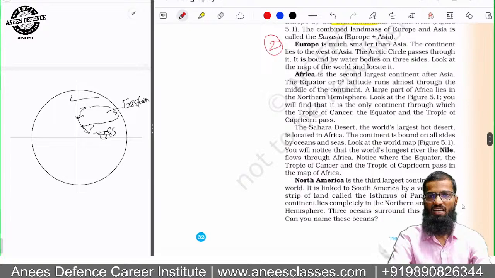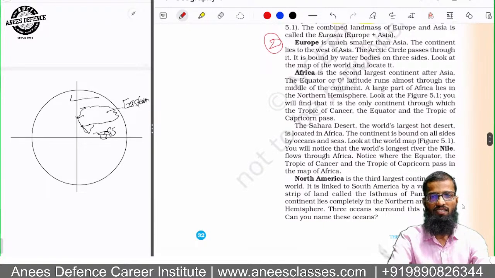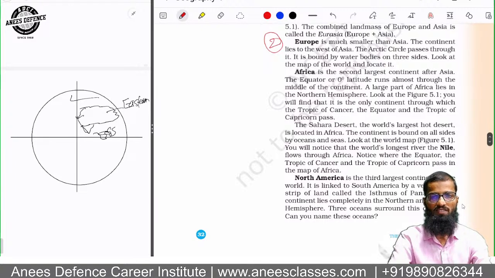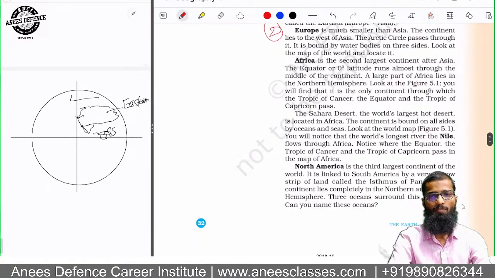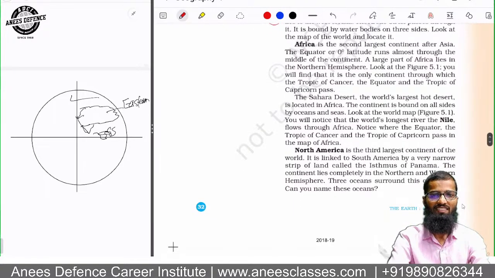Africa is the second largest continent after Asia. Which continent comes after Asia? Africa. Cancer was passing through Asia, the Arctic Circle through Europe, and the Equator passes through Africa. A large part of Africa lies in the northern hemisphere. And this is the only continent through which the Tropic of Cancer, Equator, and Tropic of Capricorn all pass.